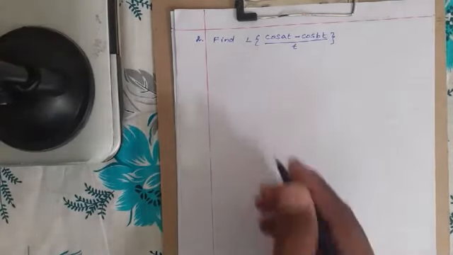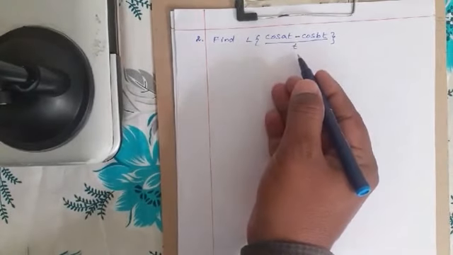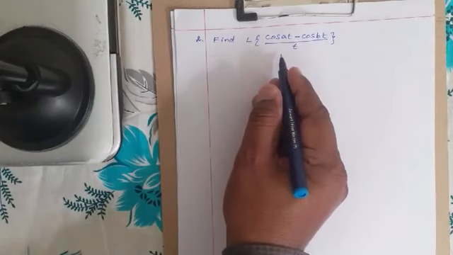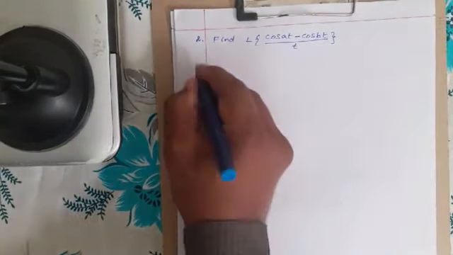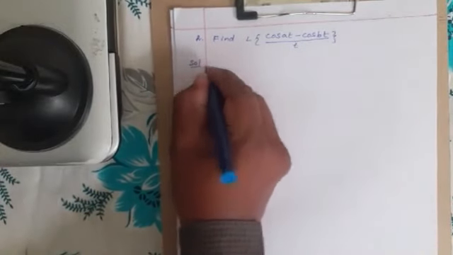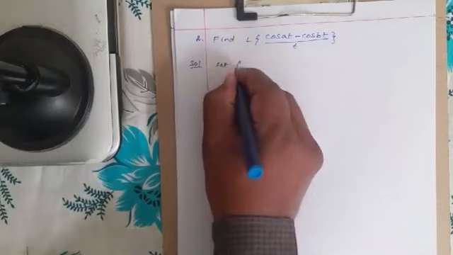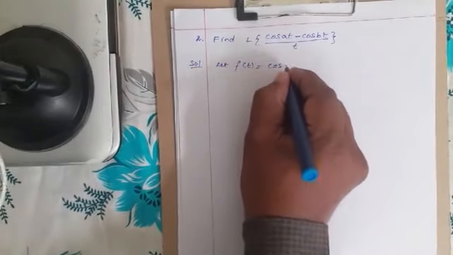As you see, this problem is in the form of Laplace of f of t by t. If it is in this form, then we solve the problem based on division by t. First we write the solution: let f of t be given.